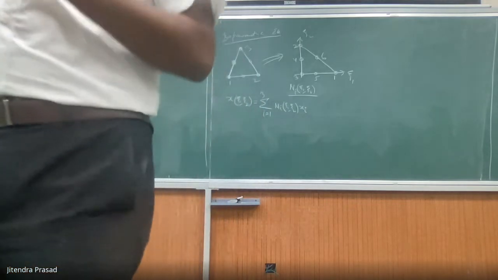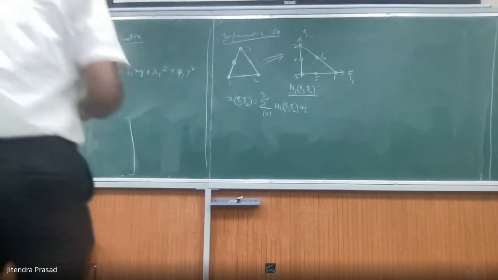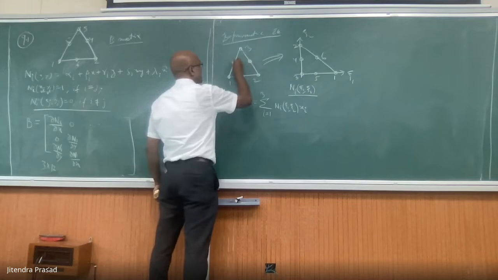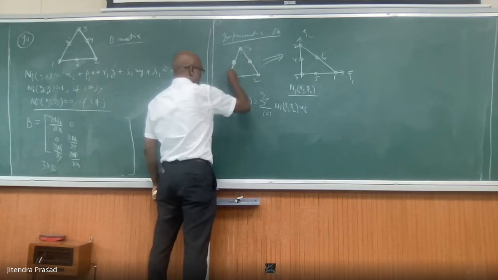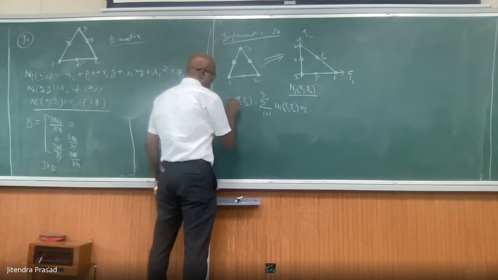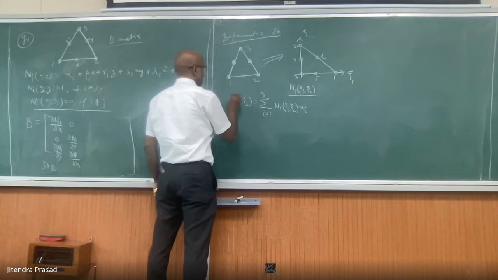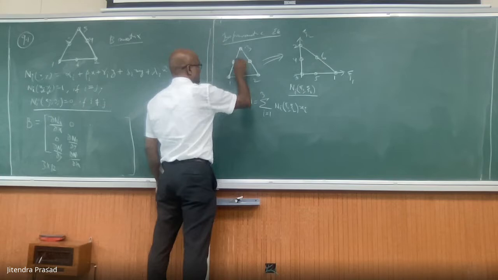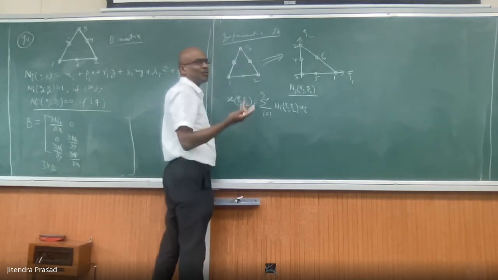You follow what I am saying? If these nodes are exactly in the middle, then the other shape functions become redundant. There is no use of them.